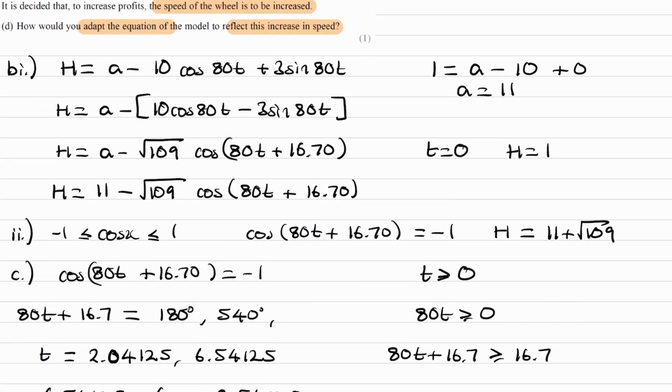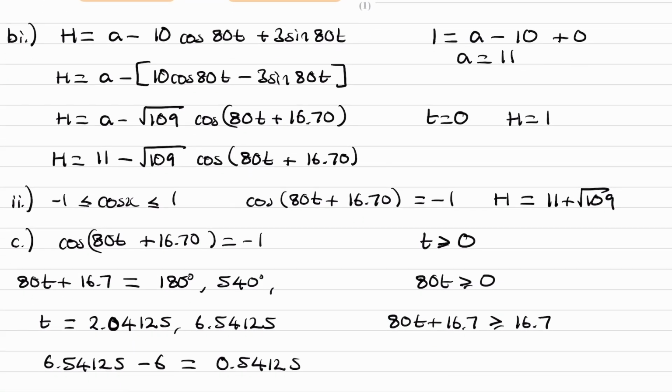So going back to our equation, let's think about the transformations that have occurred to a cos graph to make our graph look like this. So let's start from the inside, what's next to the t, work our way out. So the 80t that we have here is a horizontal stretch parallel to the x-axis, scale factor of 1 over 80.